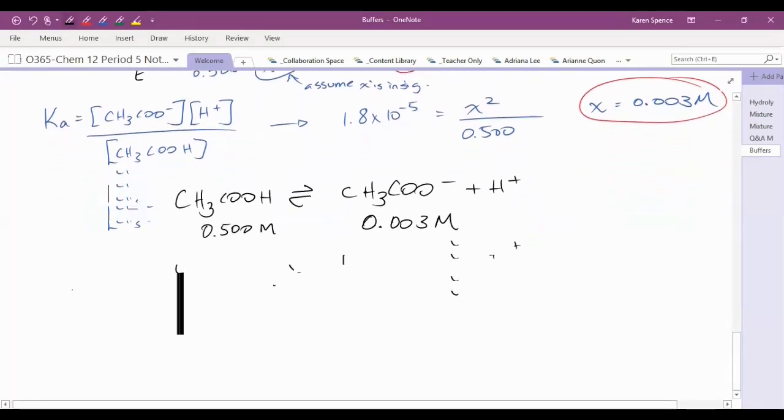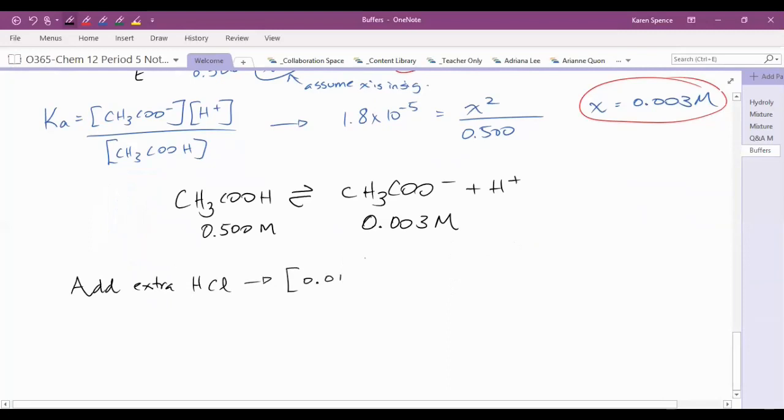Now, what if I add some extra HCl, at a concentration of 0.01 molar?